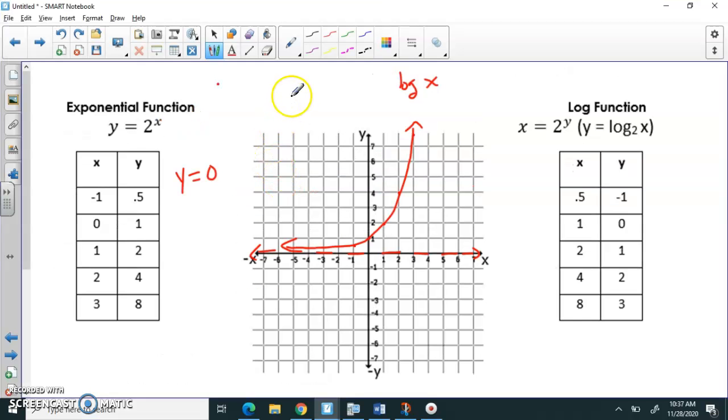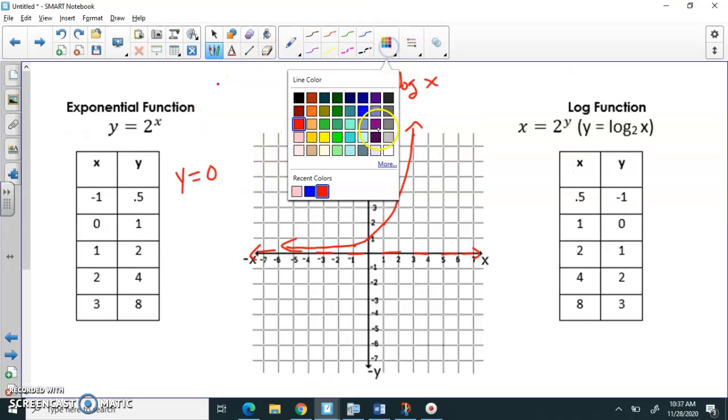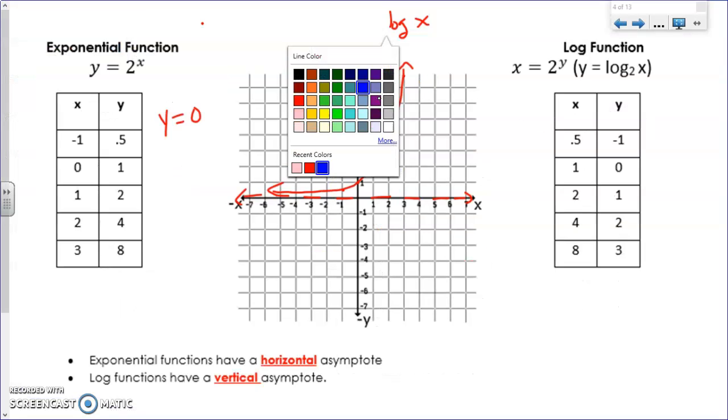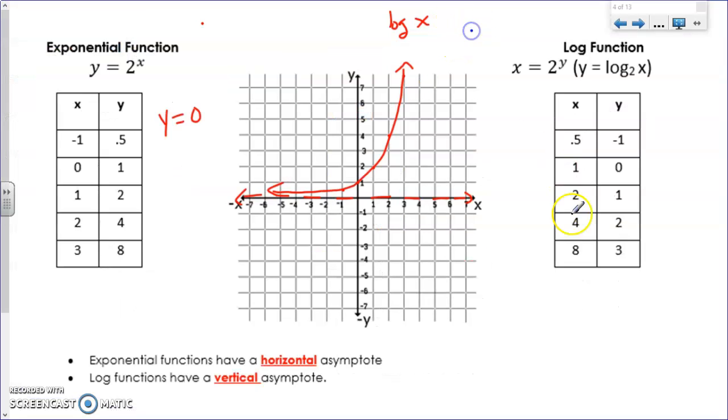Okay, so now let me change colors here so we can do the other one. If we have our log function, notice x and y have switched. So where 3, 8, now we have 8, 3. And instead of y equals 0, we're going to have x equals 0.